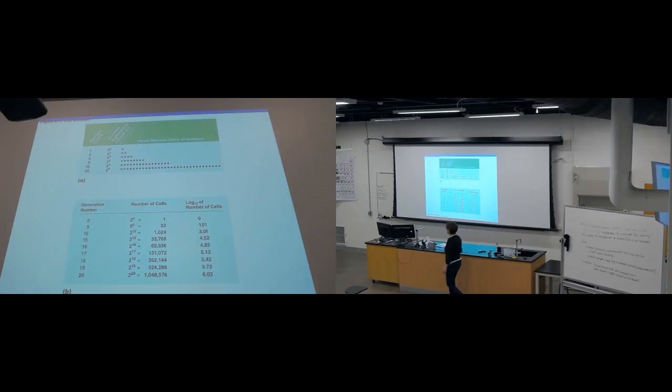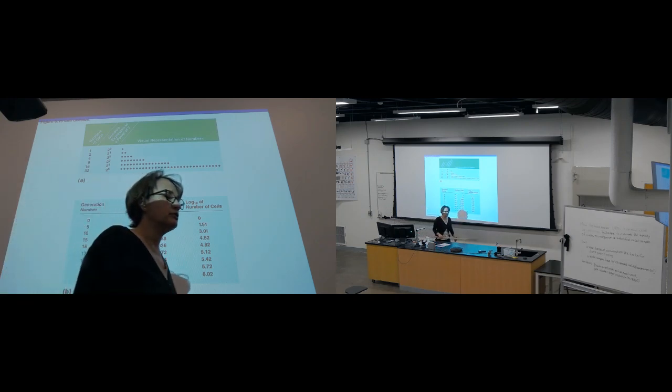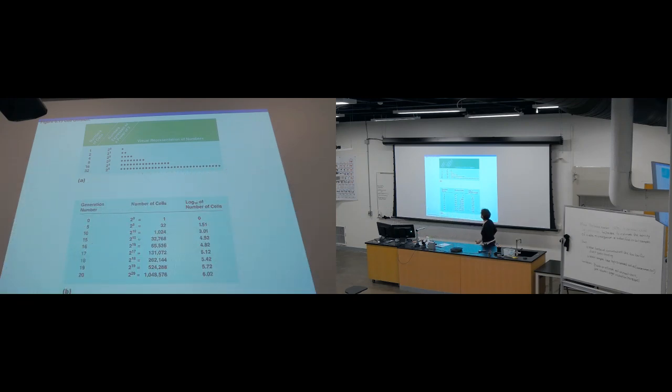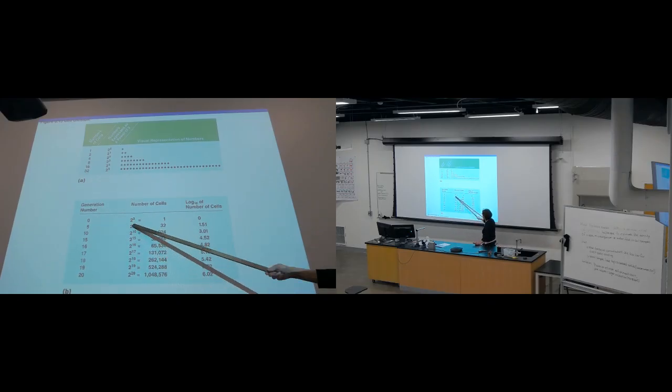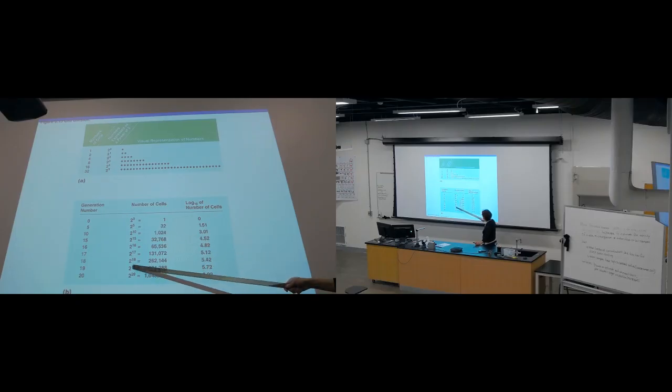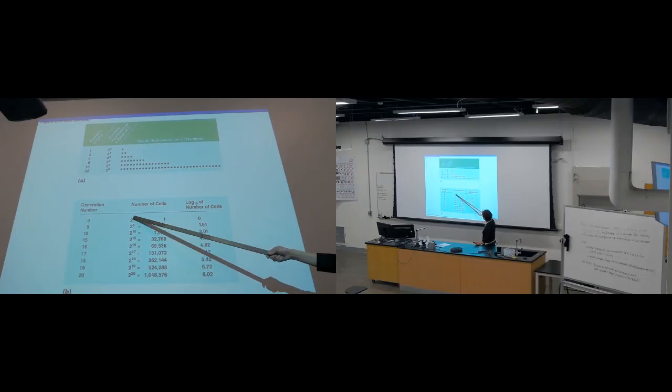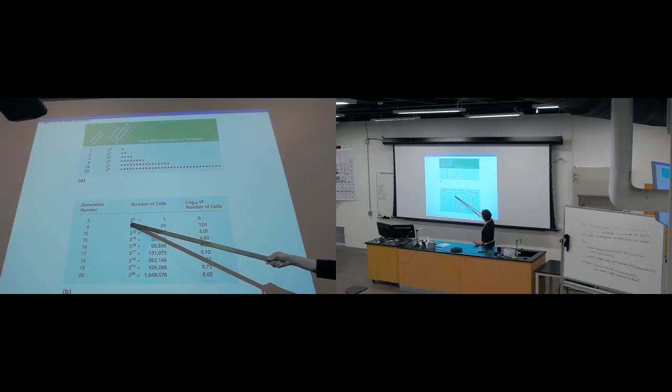And then here is the graphical representation of this growth based on the number of generations. The original cell will be part of G0, which will be here. Since it's binary fission, you use 2 in this notation, and 0 means that it hasn't divided.